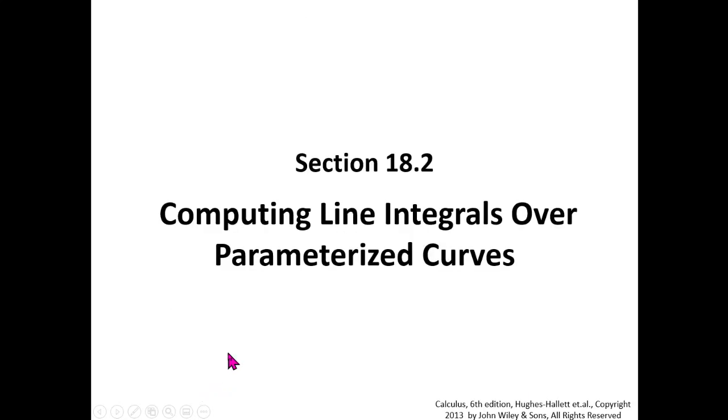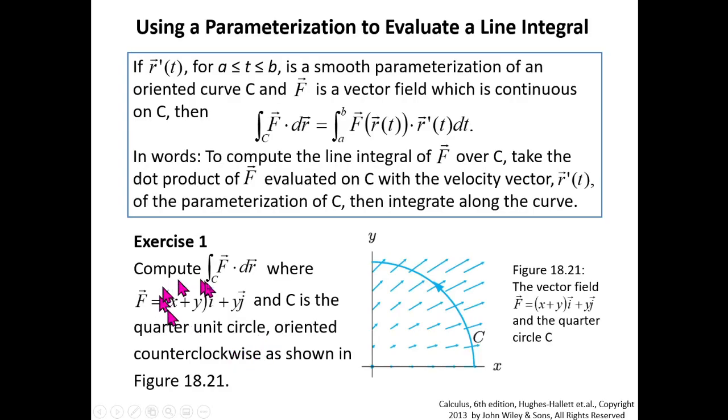So now we're going to look at a few examples of computing line integrals over parameterized curves. I apologize, I do have a difficult time saying that word. Parameterized, maybe that's it. So here's an example, and we'll work through this one. But the main thing we're going to use is that we're coming back to that over a particular path, C, a vector field times this.